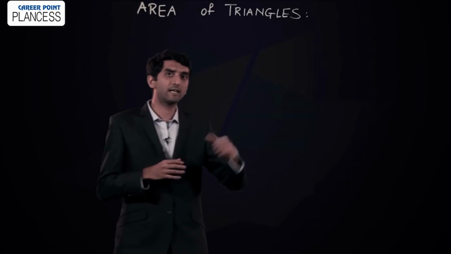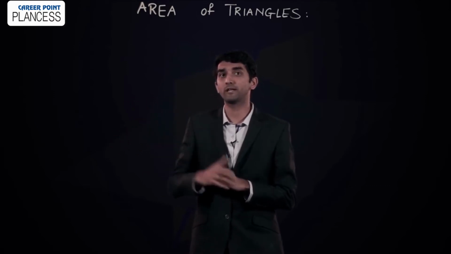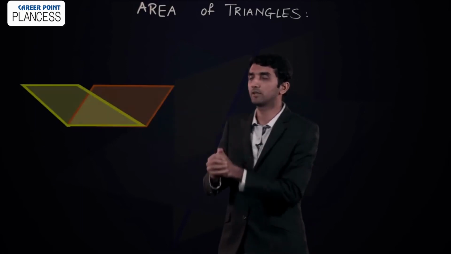So after understanding this concept of area of a parallelogram, let's try and understand what happens when we keep the base of a parallelogram intact and try to move the above 2 points, like in this particular figure.